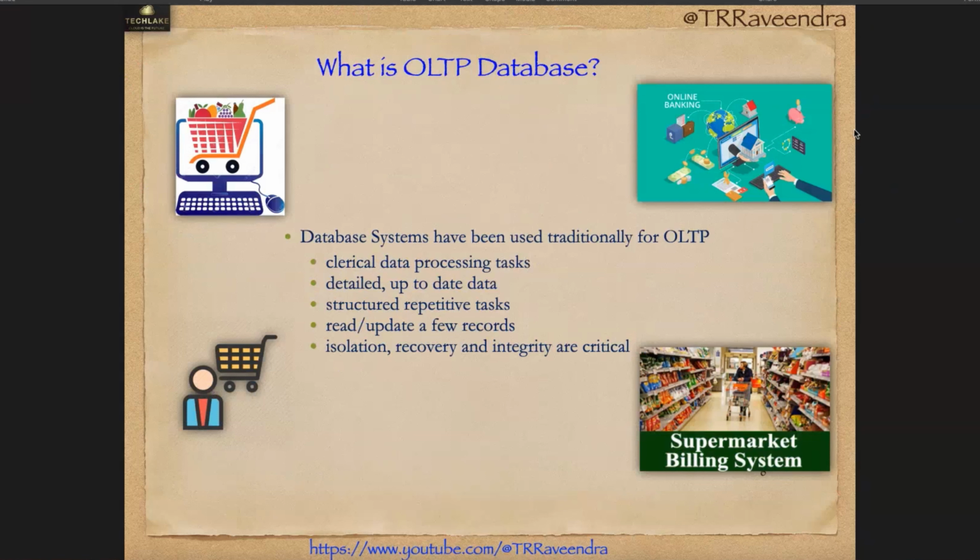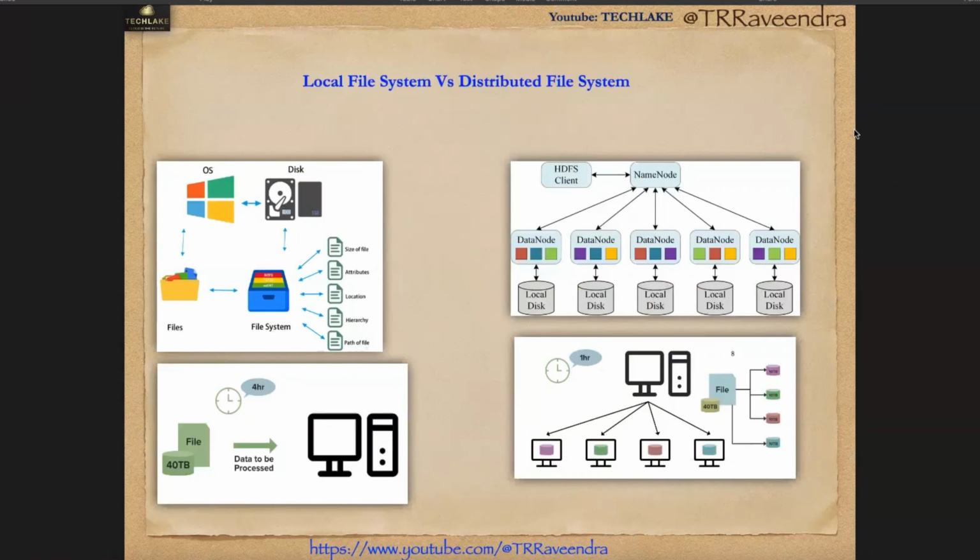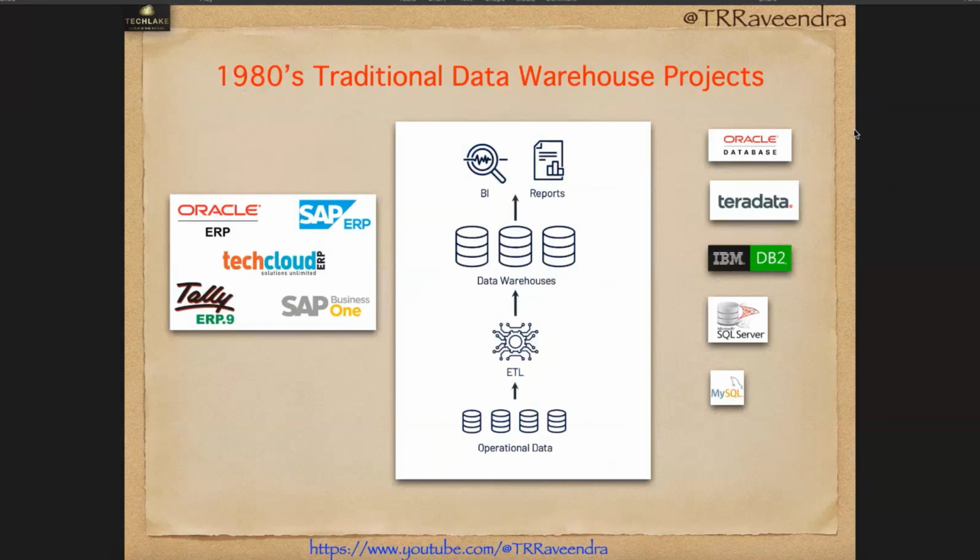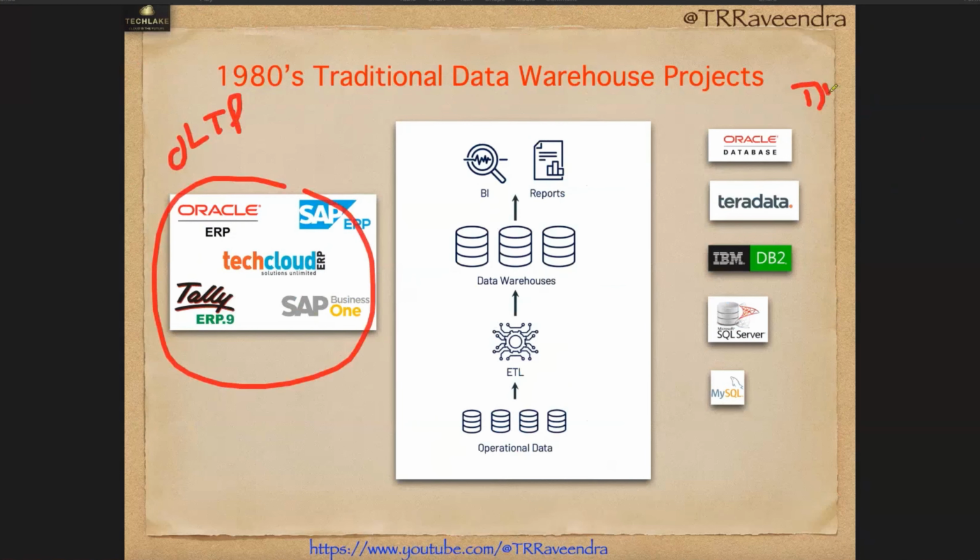Now let's look at these databases. In traditional data warehouse projects, the sources may be any ERP applications, and in the backend they'll have OLTP databases. The target is the data warehouse, which is nothing but an OLAP data warehouse.